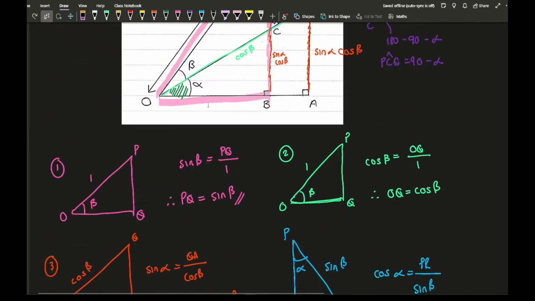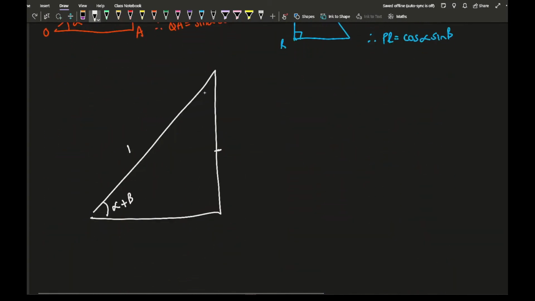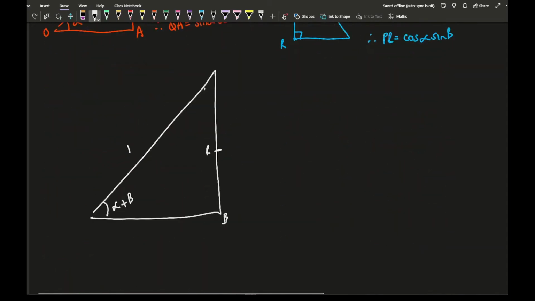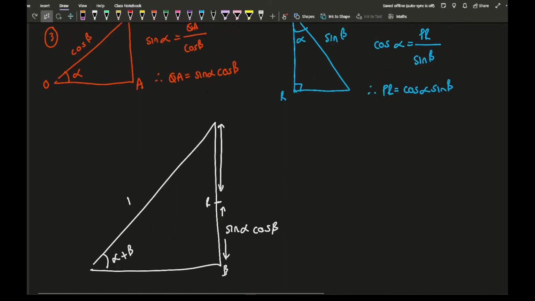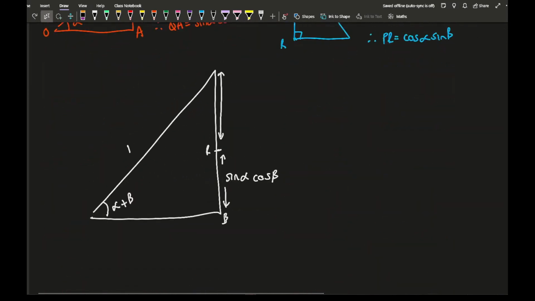This first section was from B to R, and that length there was sine alpha cos beta. And this length here we discovered was cos alpha sine beta.